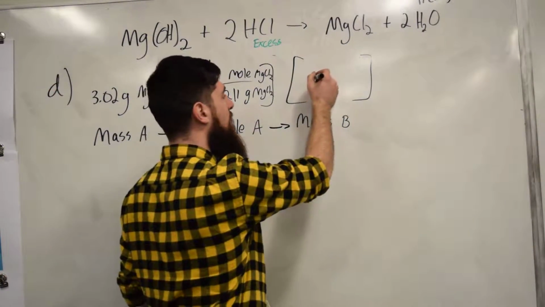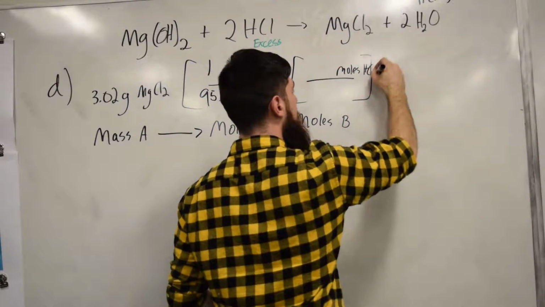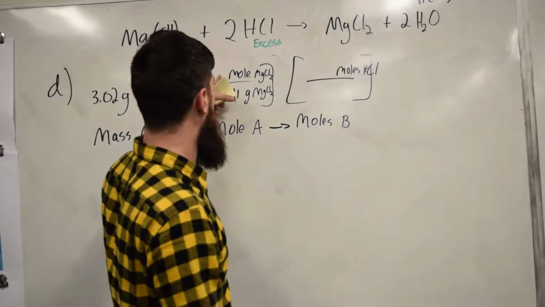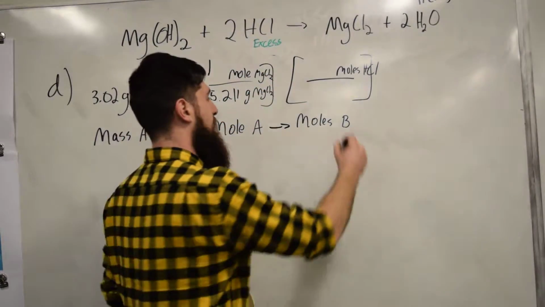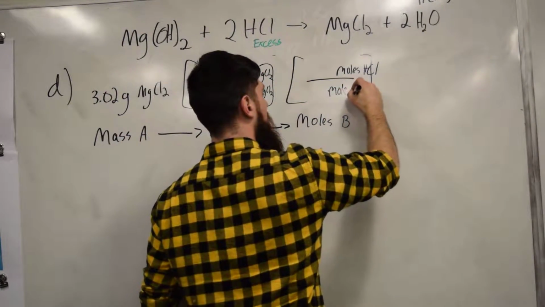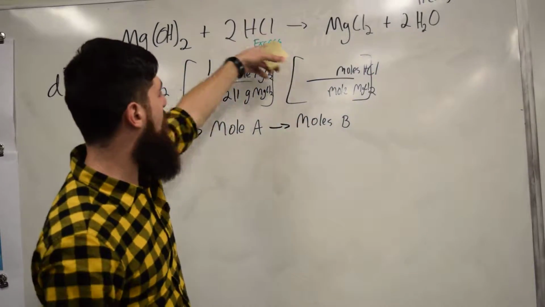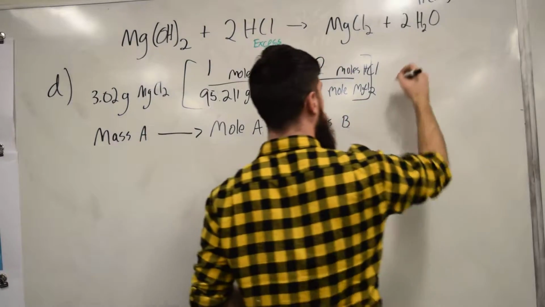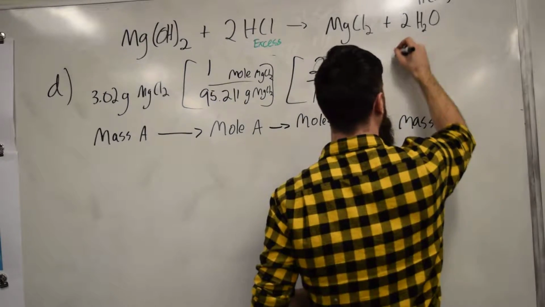We have to find moles of HCl, our excess reactant. Over here, we bring moles of MgCl2 down to here, and I check my formula: 1, 2. Then the last step will be finding the mass of B.